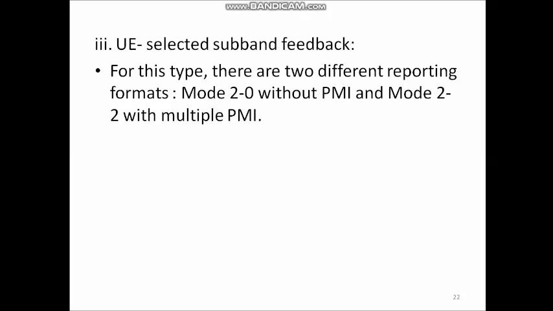And in mode 2.2 the user equipment first selects the set of M preferred subbands of size k and a preferred single precoding matrix. Then it will report one CQI value per codeword. This reflects transmission only over the selected M subbands. Also the selected single precoding matrix is reported.